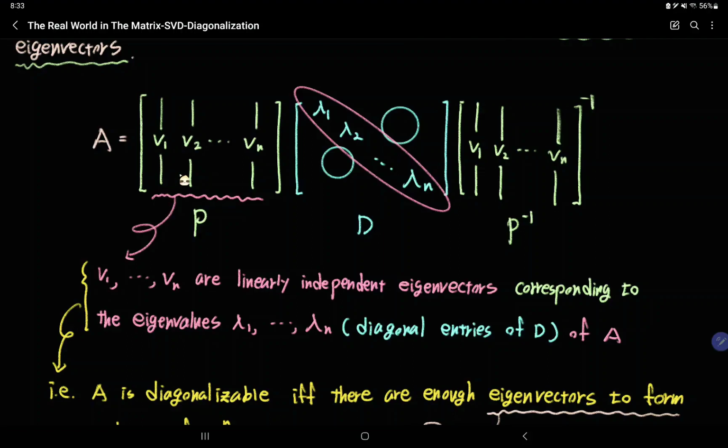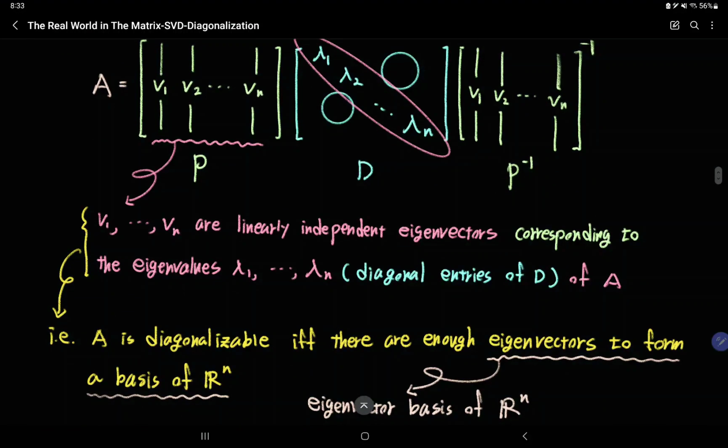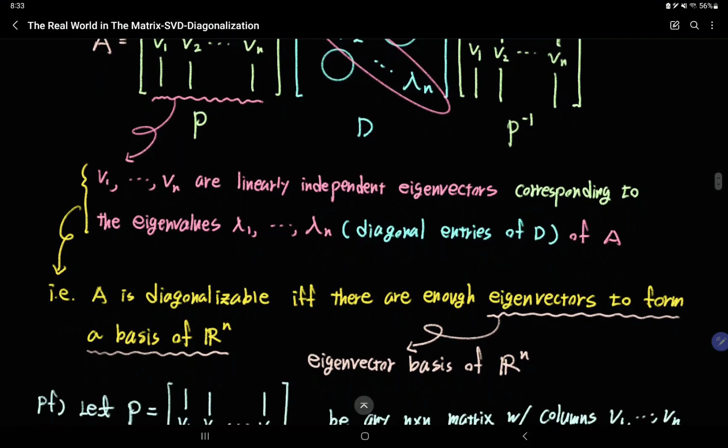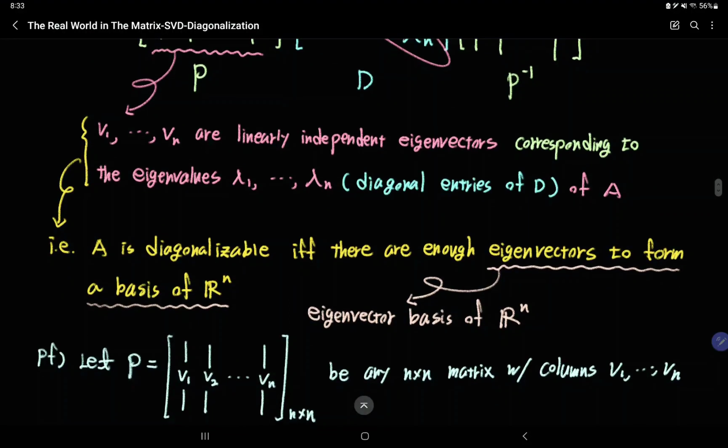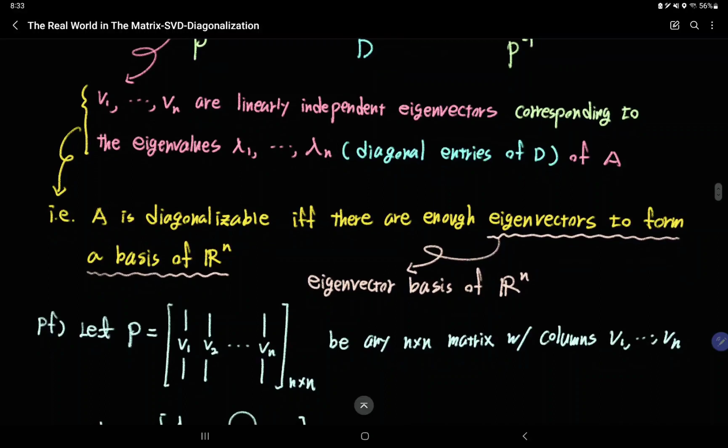So we can say that V1 through Vn are eigenvector bases of R^n. V1 through Vn are linearly independent eigenvectors corresponding to the eigenvalues lambda 1 through lambda n of matrix A, which means the columns of matrix P form an eigenvector basis of R^n space. Okay, so let's prove this.